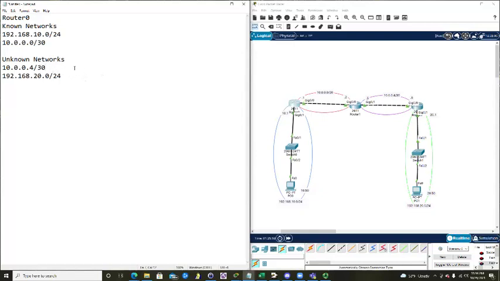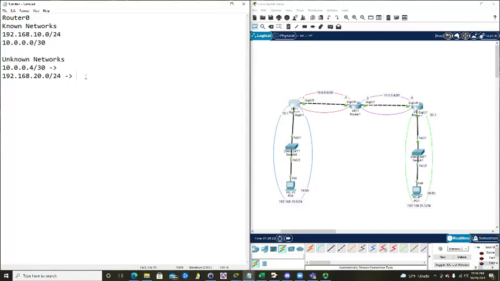All right. So now that we have these routes, we know that we have to write two static routes. The next thing that I like to do is write out how I'm actually going to write the network.